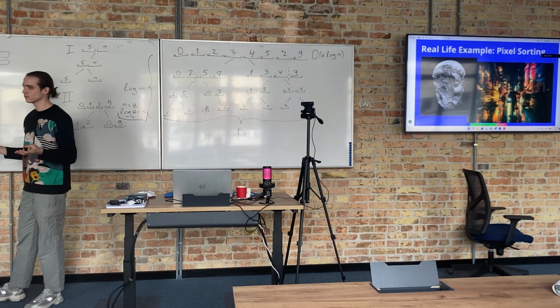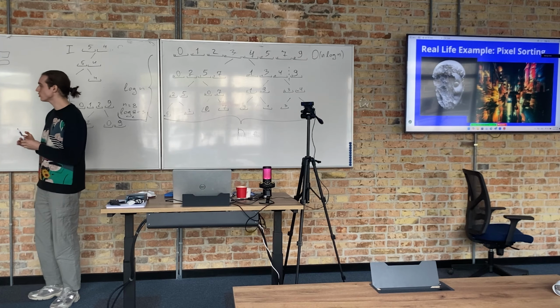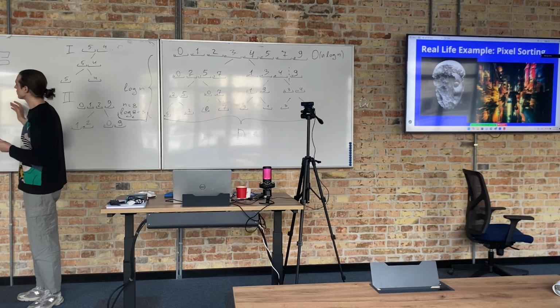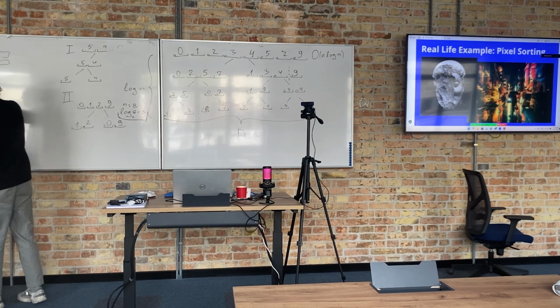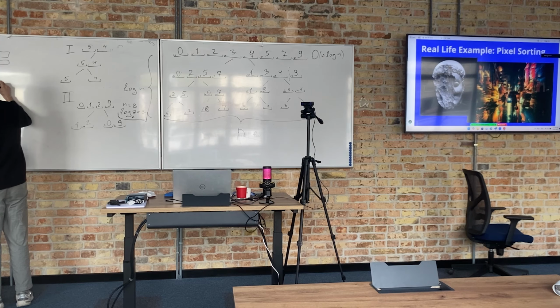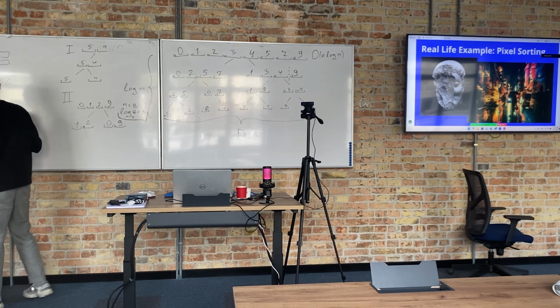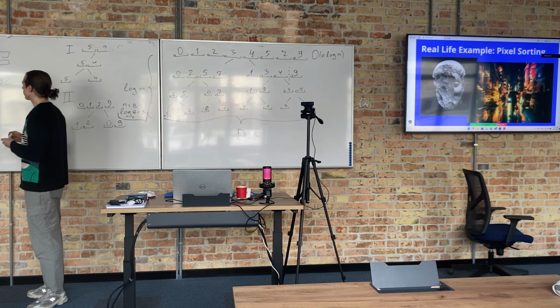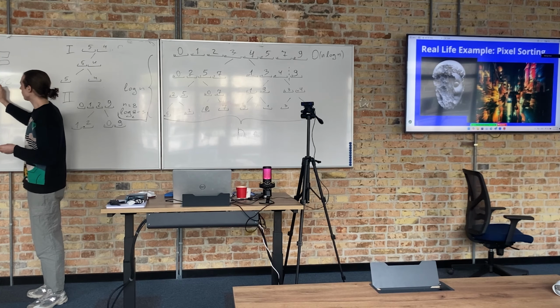For example, brightness, right? And brightness will be a numerical value, because red, green, and blue are numerical values. These values are between 0 and 256, right? Because these are 8-bit colors, so the maximum value is 256.